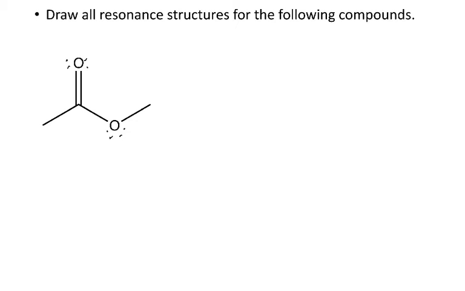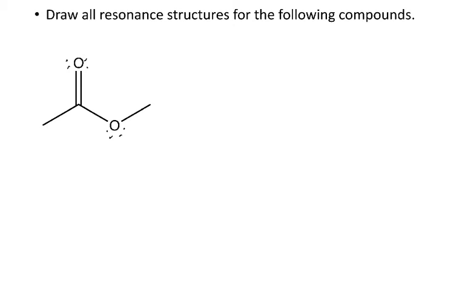The reason I say that is there are 2 things we could do here. We could do the 2 atoms connected by a pi bond with different electronegativities and move those up, or we could say, oh hey, we have a 1, 2, 3, a lone pair allylic to a double bond. But if I do that one first, I'll only get one other resonance structure. If I do this one first, we're going to find we get 2 additional resonance structures.